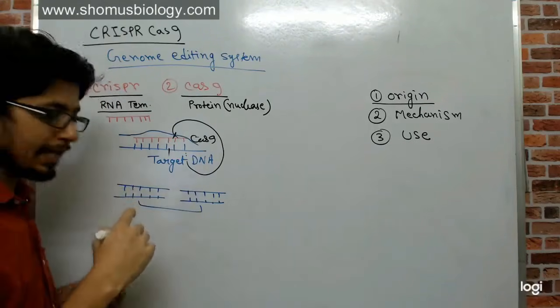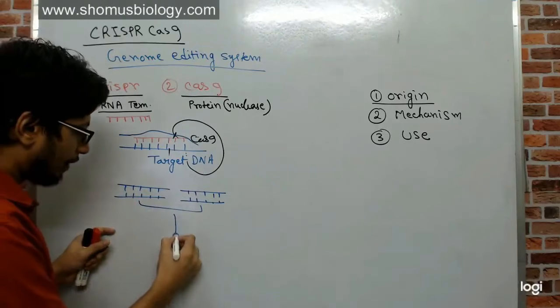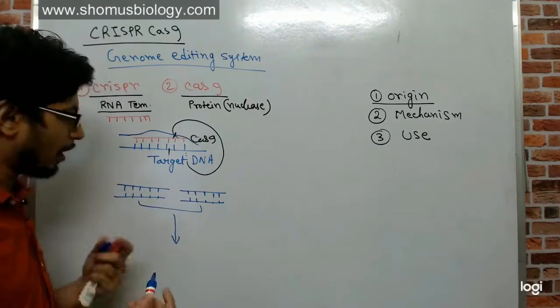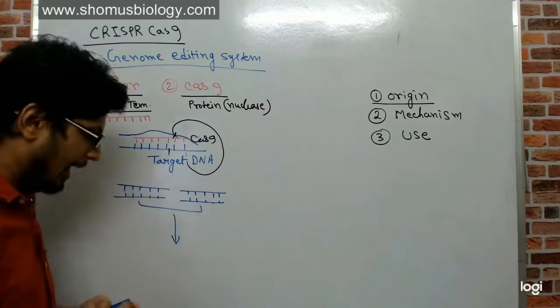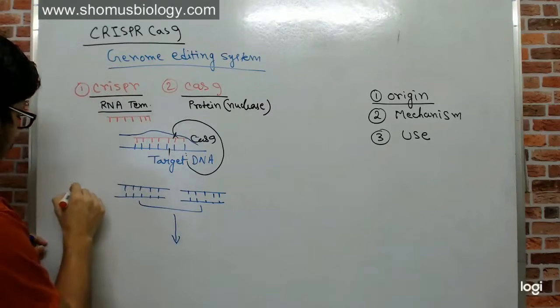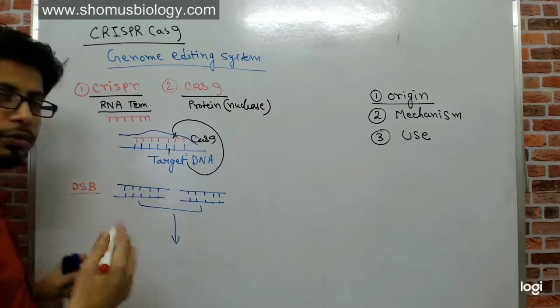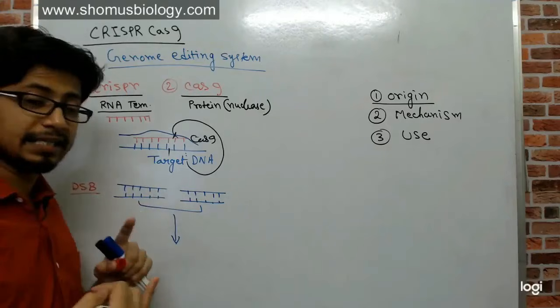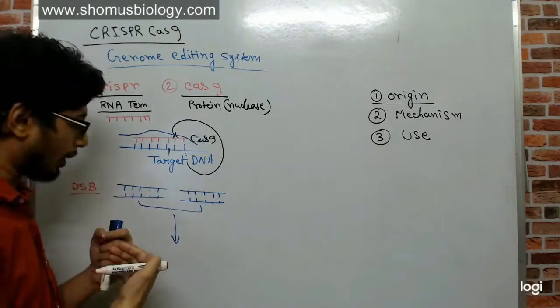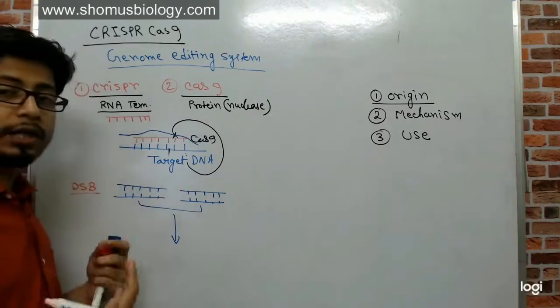Now, after the DNA damage, the DNA repair mechanism in our body tries to fix it. And this is a double-stranded break, remember. If we have a double-stranded break, then we need to use two methods of DNA repair. One is the double-stranded break repair model, that is non-homologous end joining or homologous recombination.